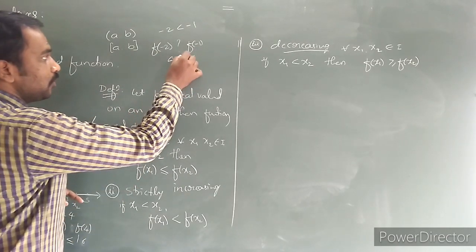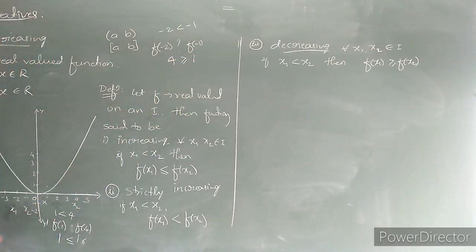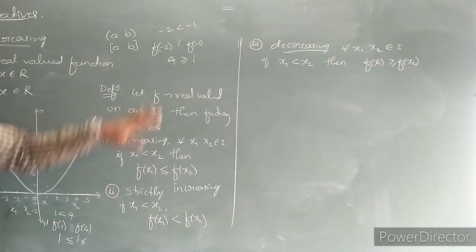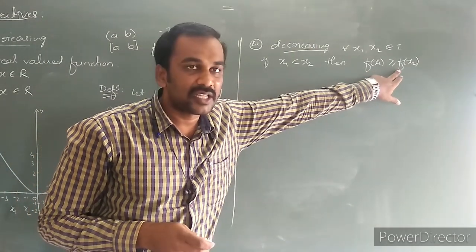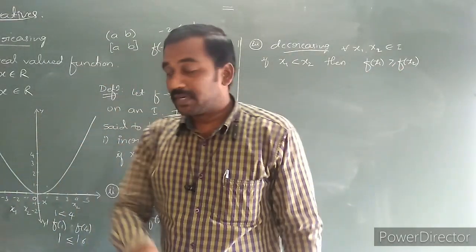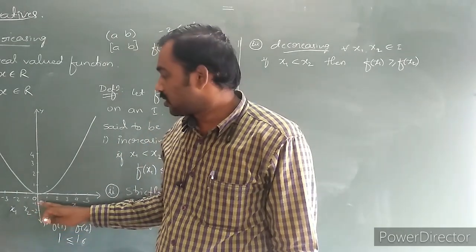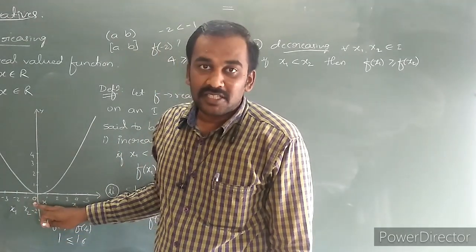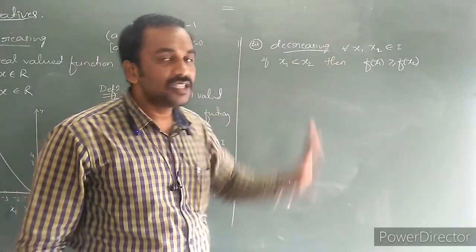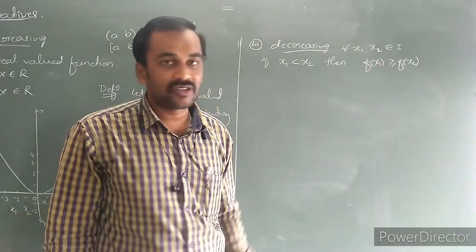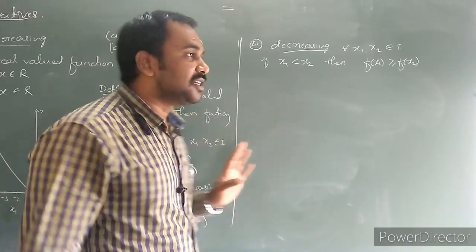Which one is greater? 4 is greater. So I write greater than or equal to. F of x1 is greater than or equal to f of x2. Previously, on taking the observation, we saw that on the left hand side of 0, the function is decreasing. Here a slack inequality is there, so it is only decreasing.